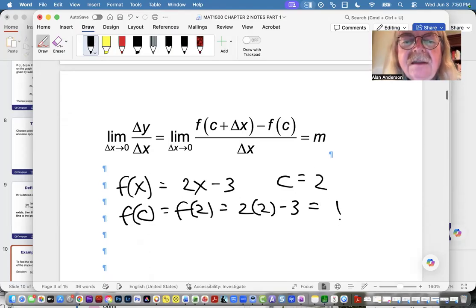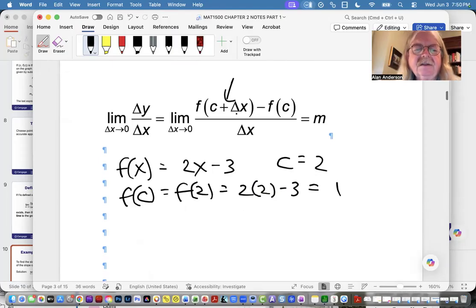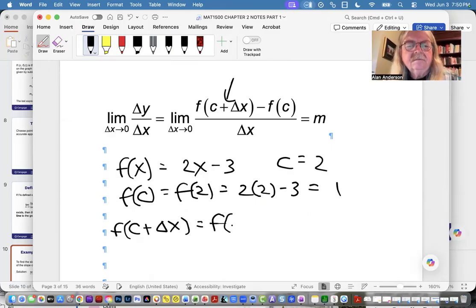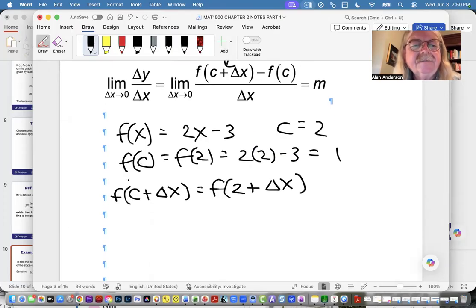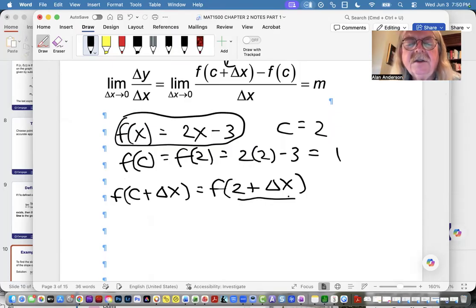But what about this one? c plus delta x. So that's the same thing as 2 plus delta x because we've already decided that c will equal 2. So how do we figure that one out? Well, we take our original function and we replace all the x's with 2 plus delta x.